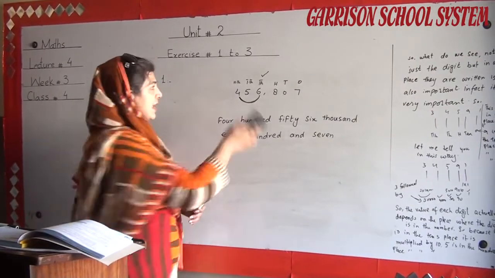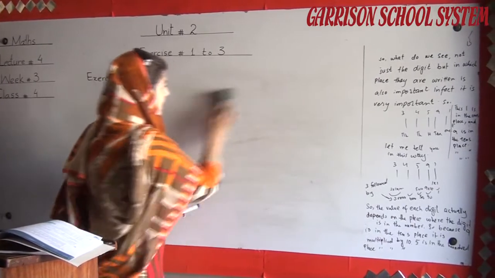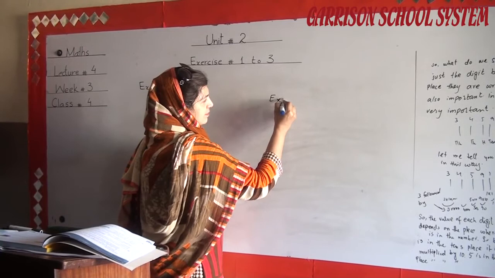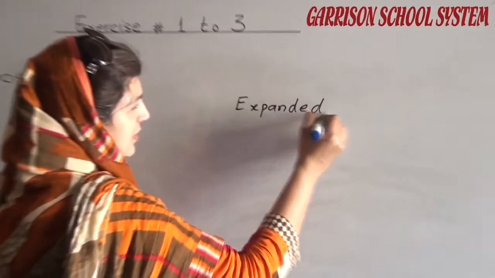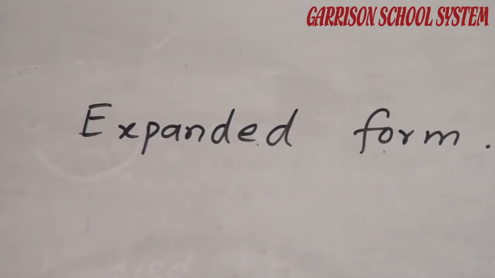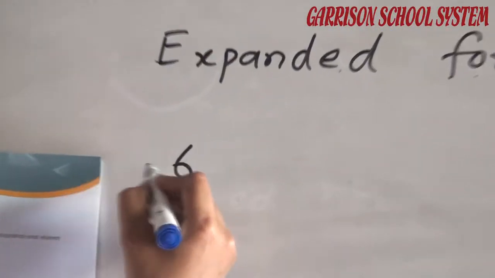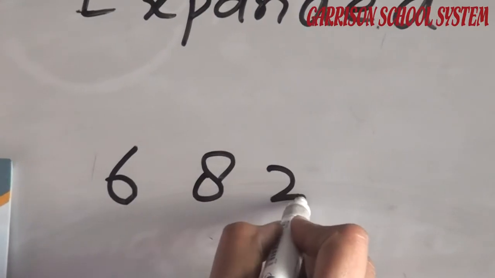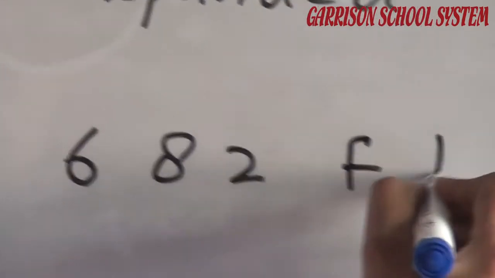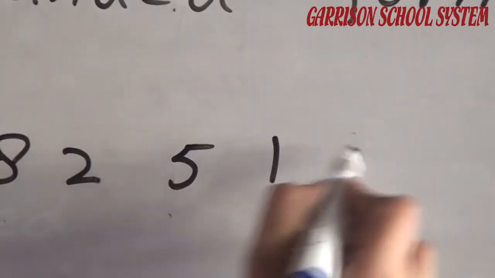You know about the expanded form. For example, we have the number here, 682,000. We can write here 682,511.